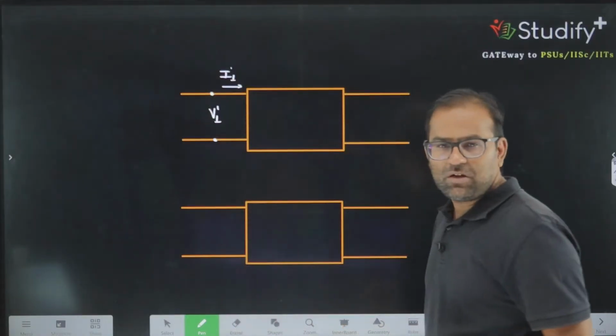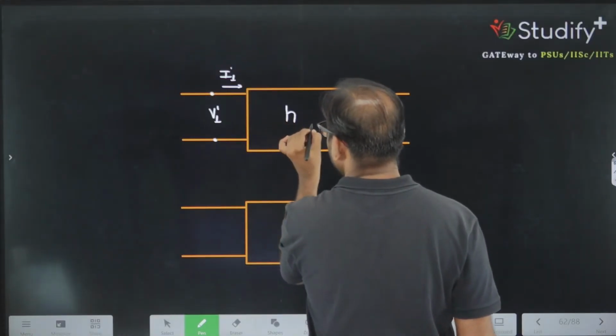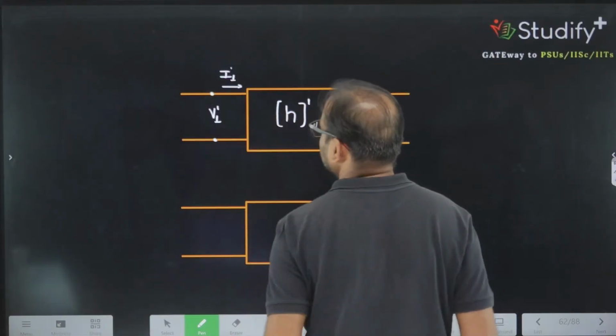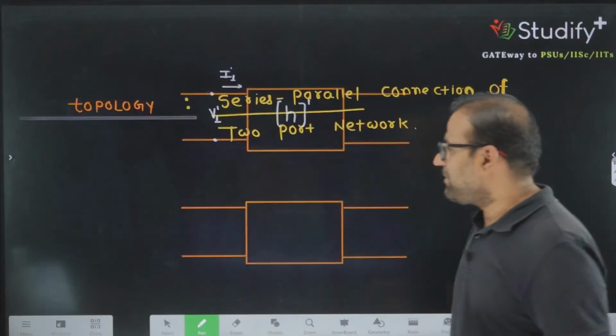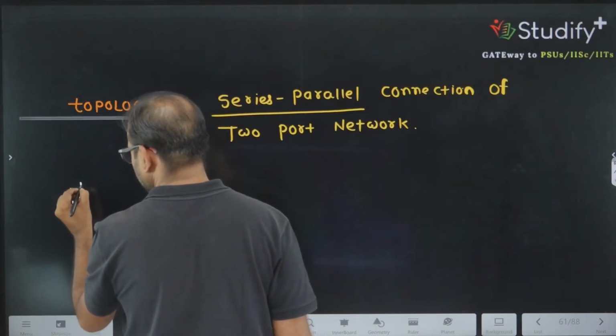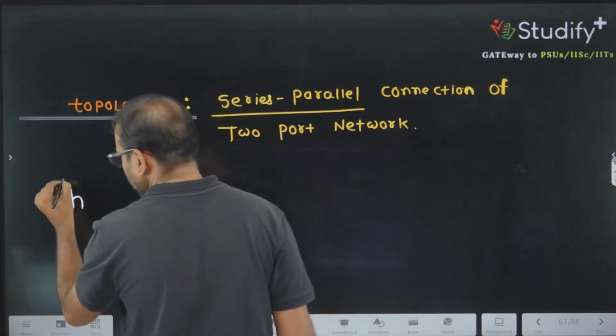And the first two-port parameter is known as H prime. What is H prime?